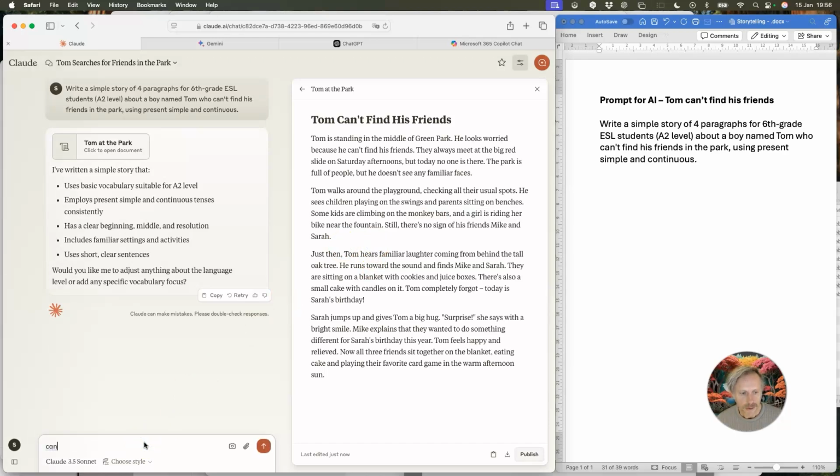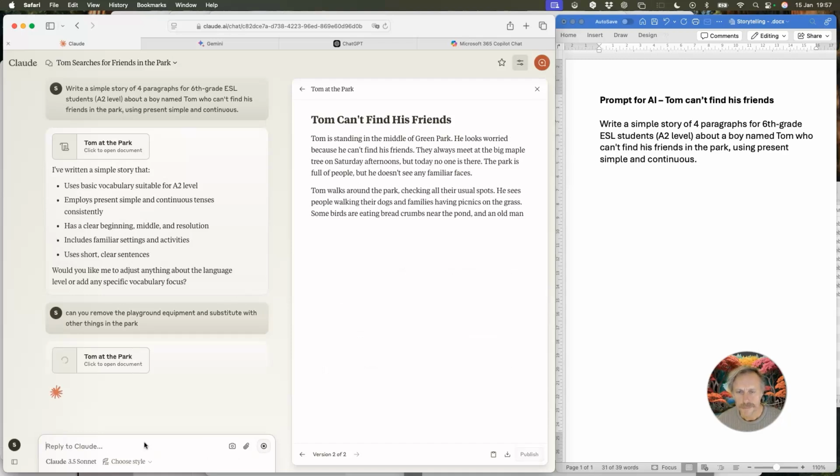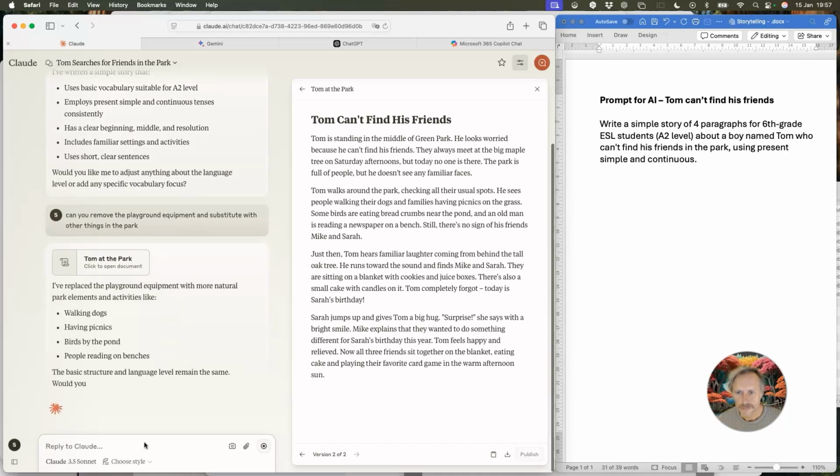So, can you remove playground equipment and substitute other things in the park? Let's see what it does. Okay, well, this one is a little bit easier.